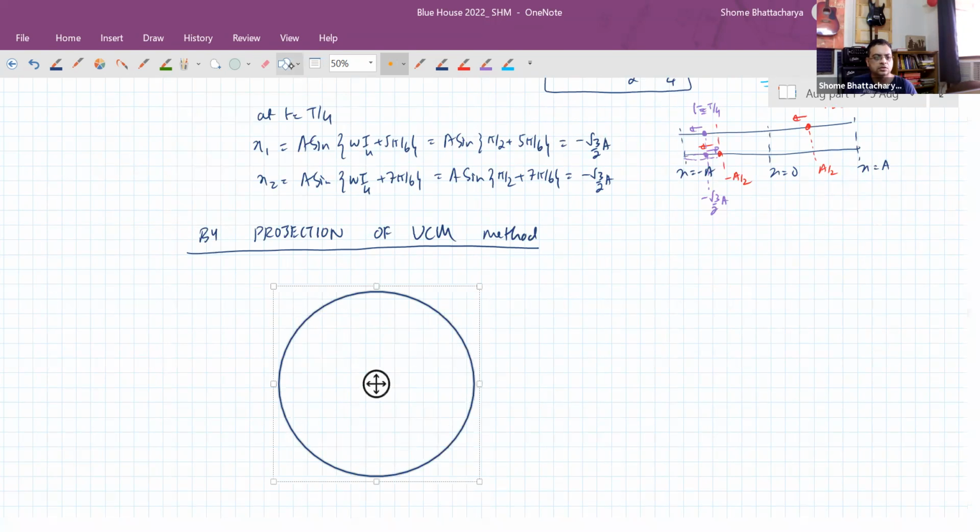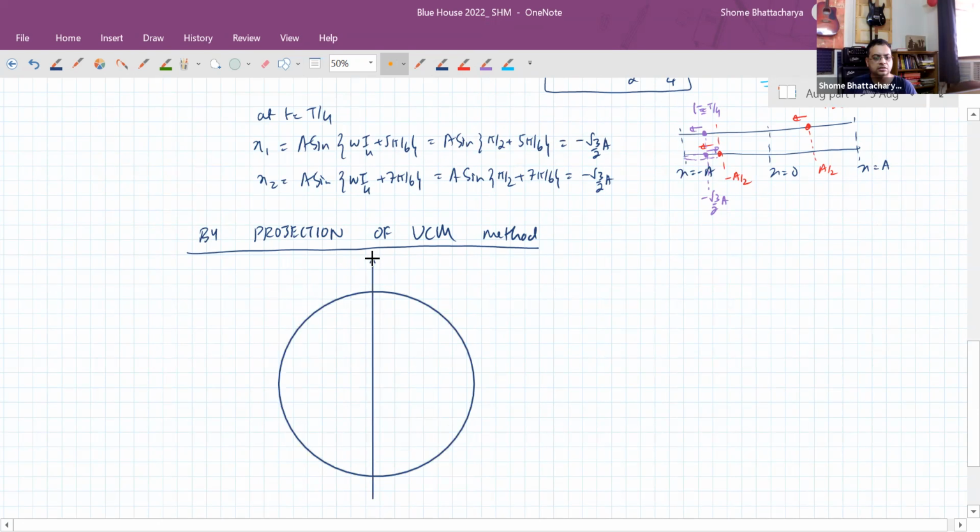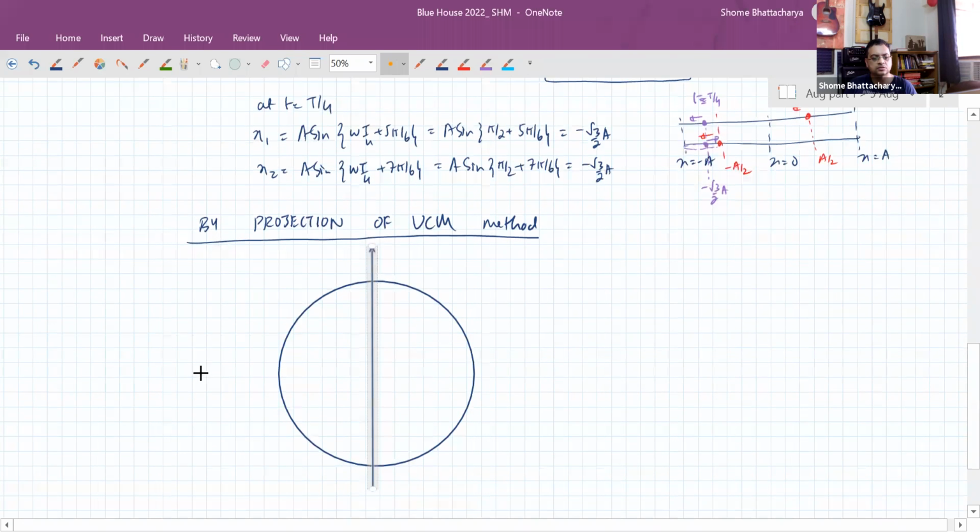So just imagine the vertical one here is the SHM axis actually, because we are used to writing it in the form of sine. So we'll take this as our x-axis only. Now at t equal to 0, the first particle is at a by 2 and moving along the negative direction. So the first particle's projection should be at a by 2, but its direction should be downwards.